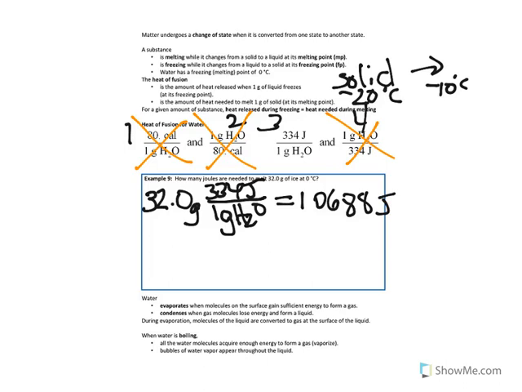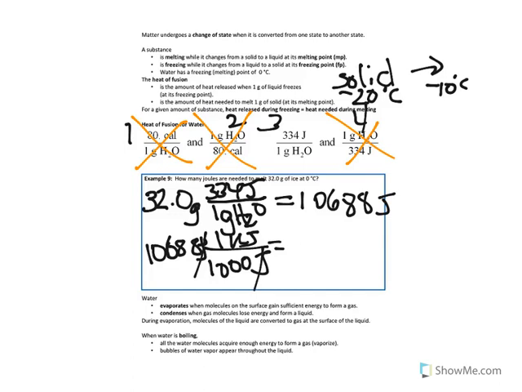Now, because this is a very large number, we may wish to report this in kilojoules. Does anyone remember how many joules are in a kilojoule? Exactly, there are 1,000 joules in 1 kilojoule. So we want to cancel our joules and report our answer in kilojoules.